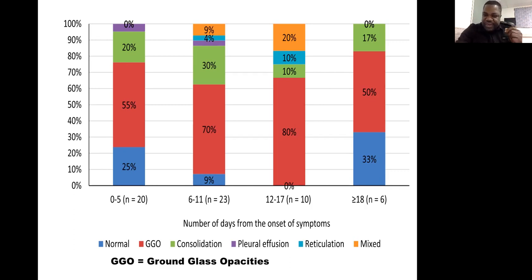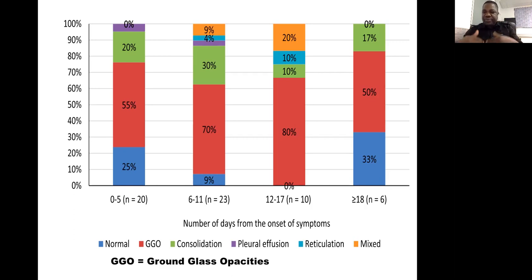But interestingly enough, there was a third pattern that was added, what we call reticulation. Then in the third week, there was not a single patient with a normal chest X-ray. So 80% of patients developed ground glass opacities, 10% consolidation, and 10% reticulation.